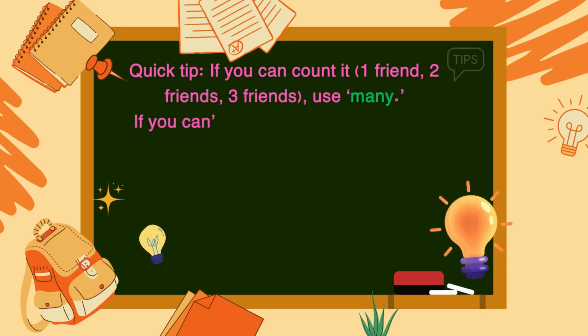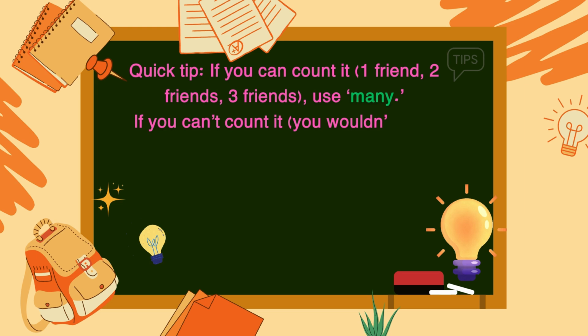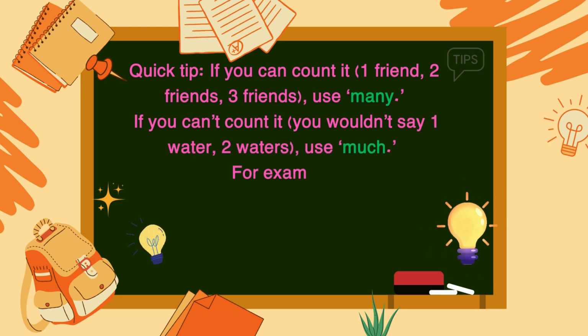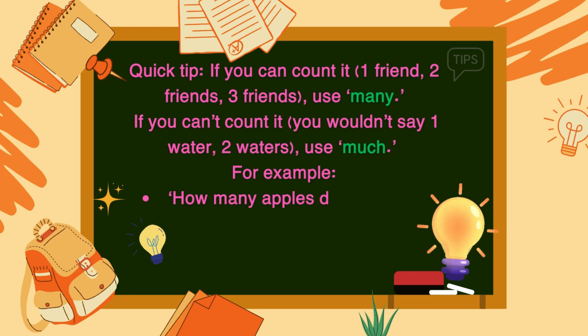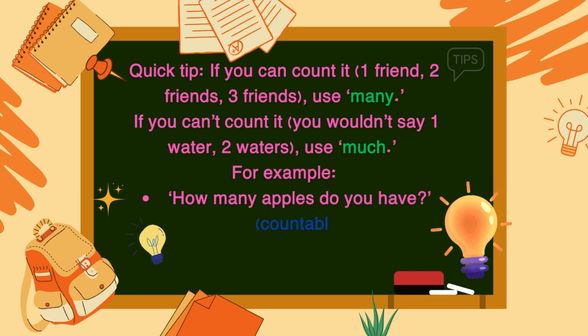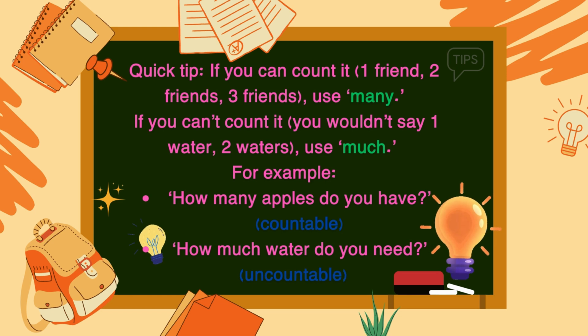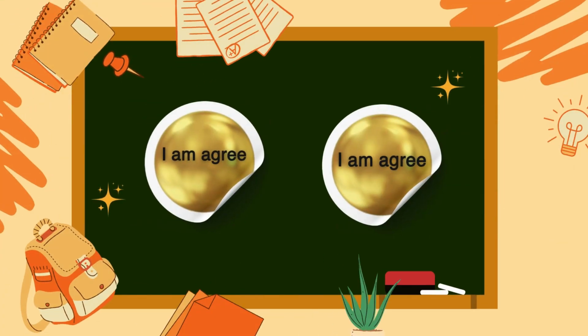If you can't count it, you wouldn't say 1 water, 2 waters, use much. For example, how many apples do you have? Countable. How much water do you need? Uncountable.